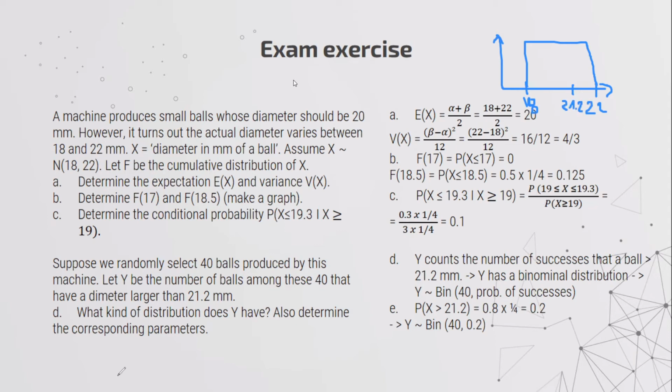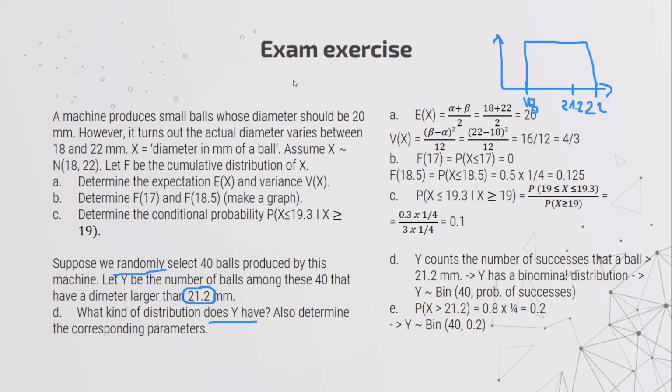So what kind of distribution does Y have? We randomly select them here. If we think about it, we had before the probabilities of having a success and then a failure. And if having a success means having a ball with diameter more than 21.2, that would be just having a binomial distribution.